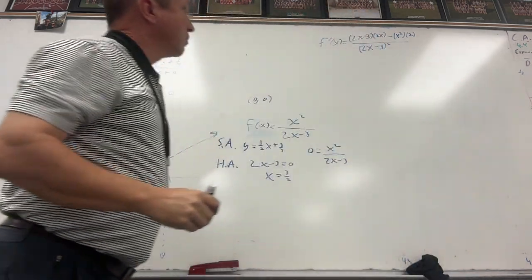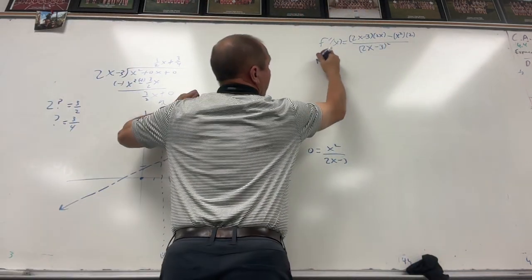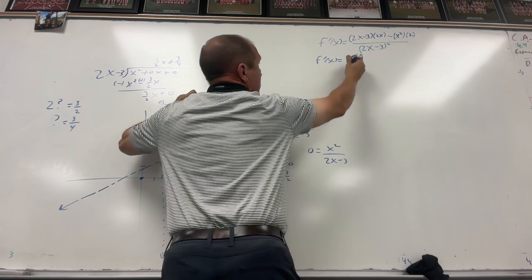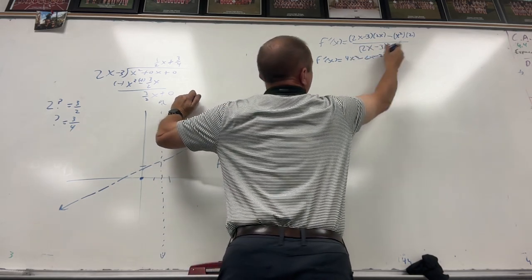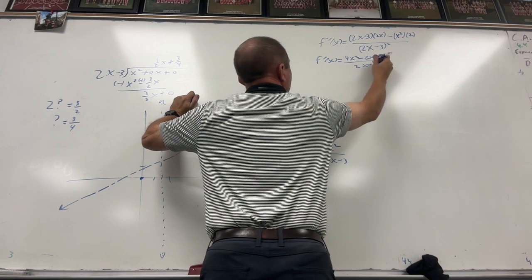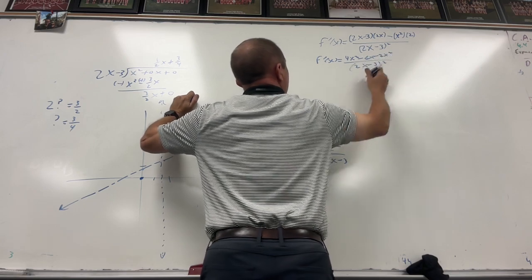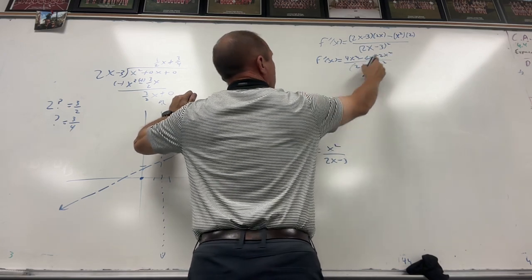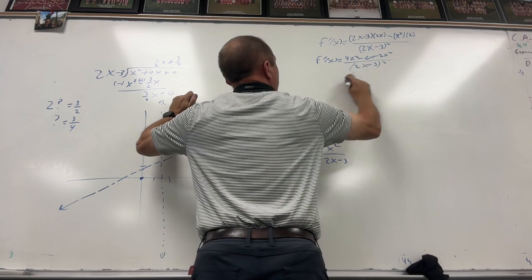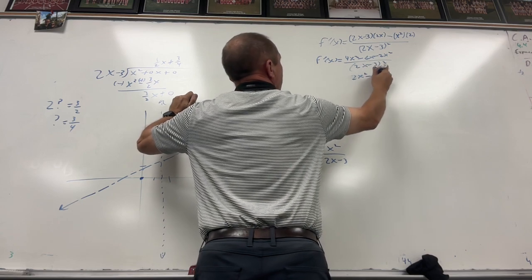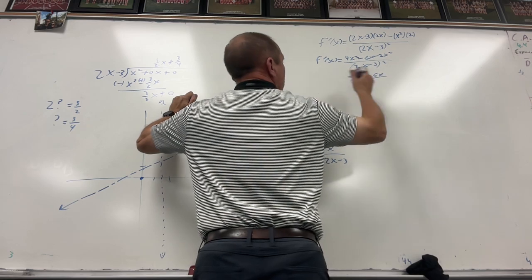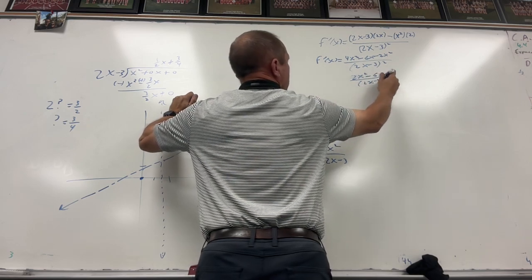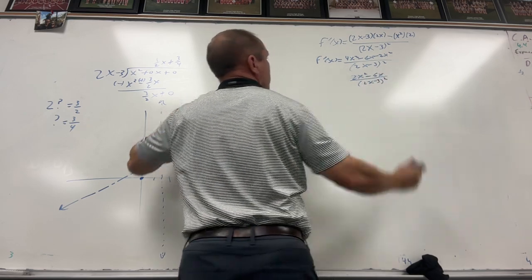All right, so from here, f prime of x equals 4x squared minus 6x minus 2x squared all over 2x minus 3 quantity squared. So we've got 2x squared minus 6x all over 2x minus 3 quantity squared.